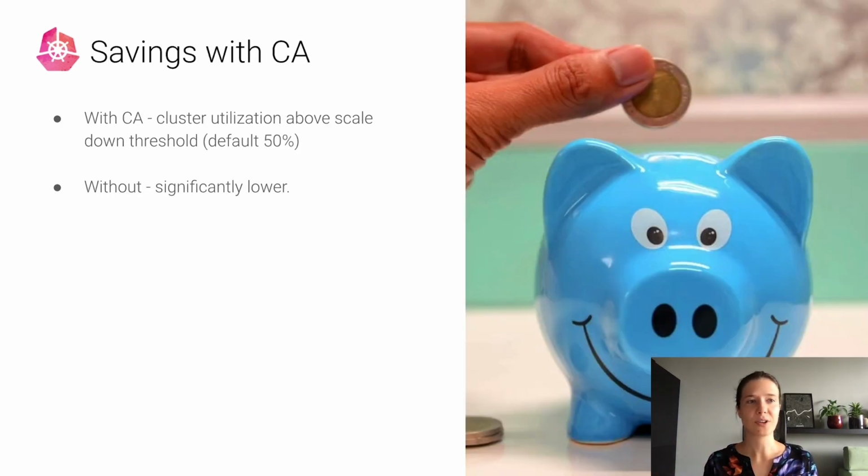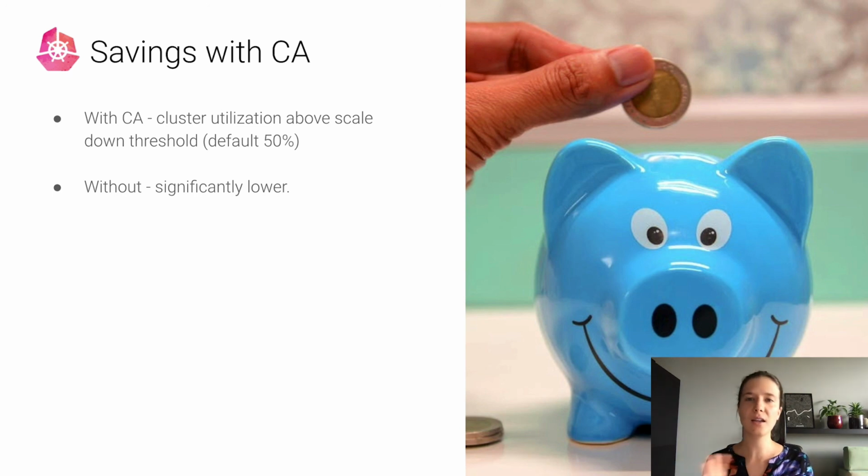Now, for the fun part with savings, Cluster Autoscaler will usually drive your cluster utilization, measured in terms of the requested capacity, to something about 10% above the scale down threshold. And the scale down threshold is configurable, and by default it's 50%.